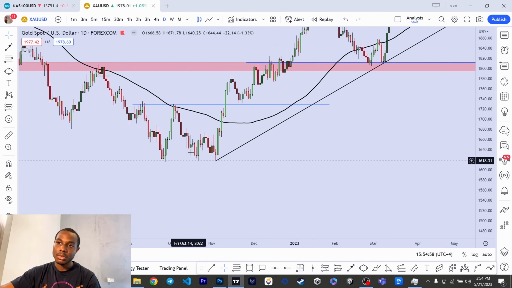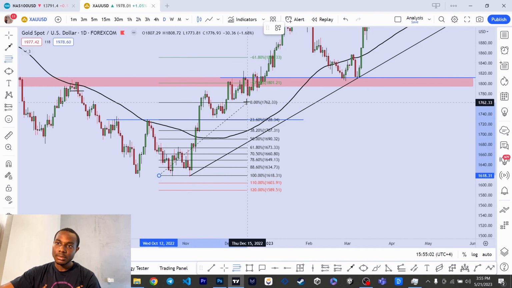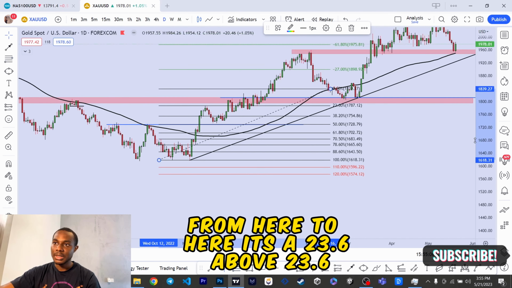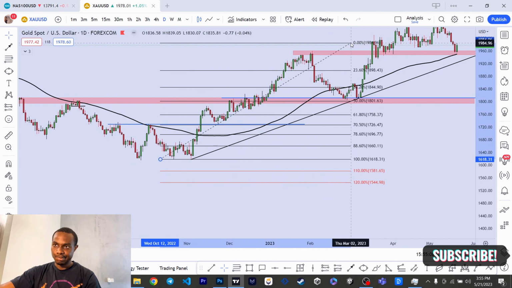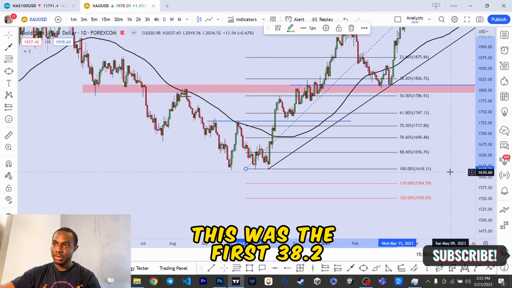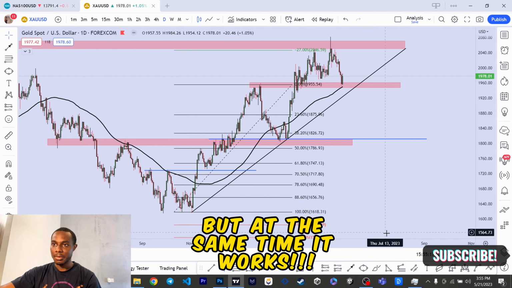So what do you do? You drag it from here to here, 23.6, above 23.6. Then to here, this was the first 38.2. And then it kind of makes your work look clumsy, but at the same time it works.